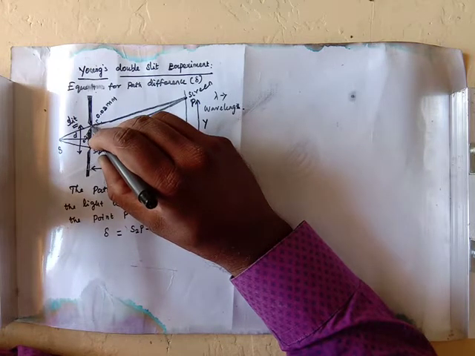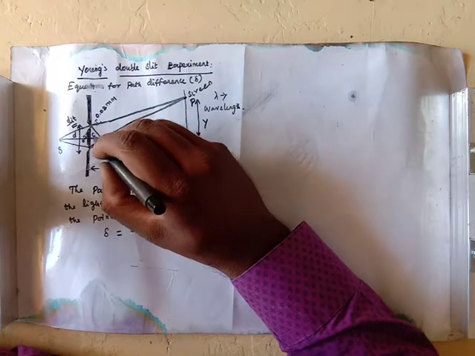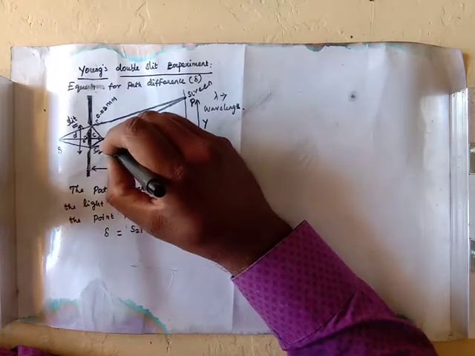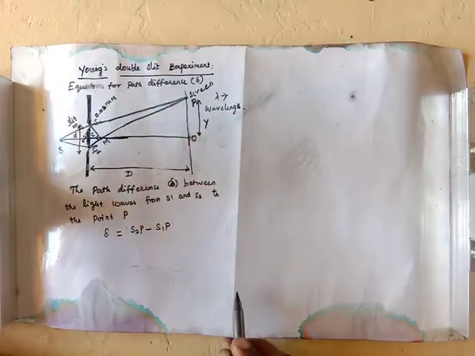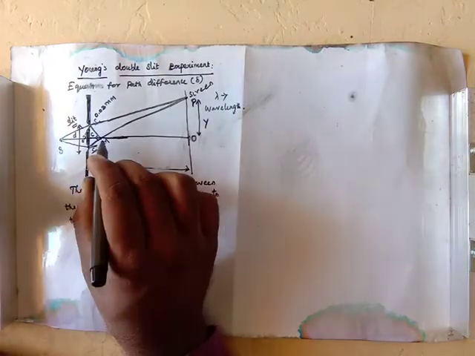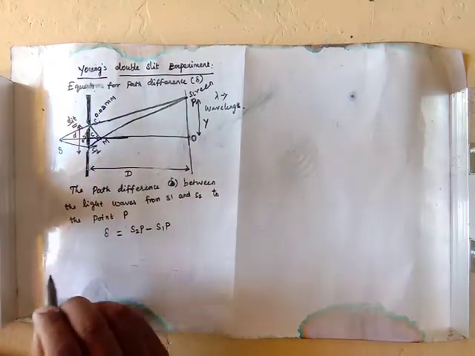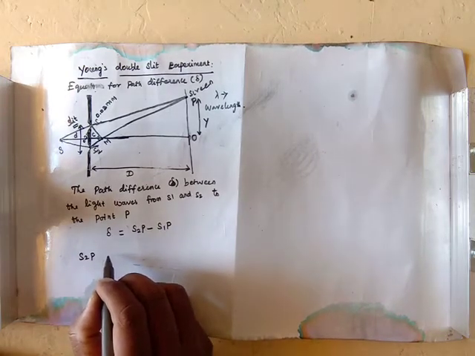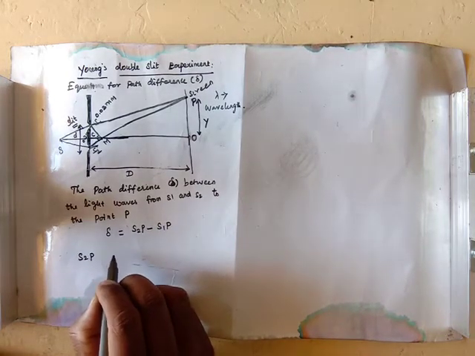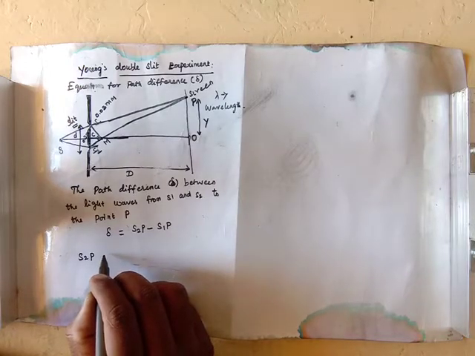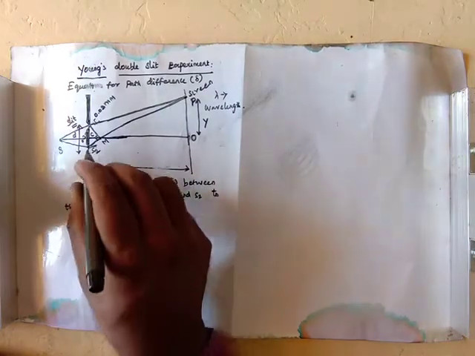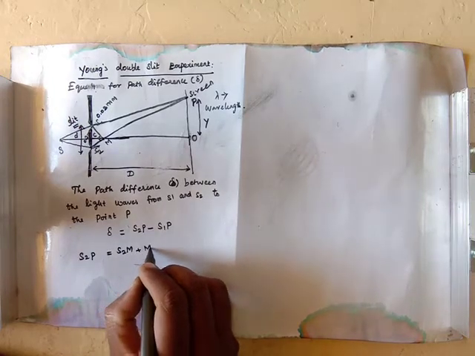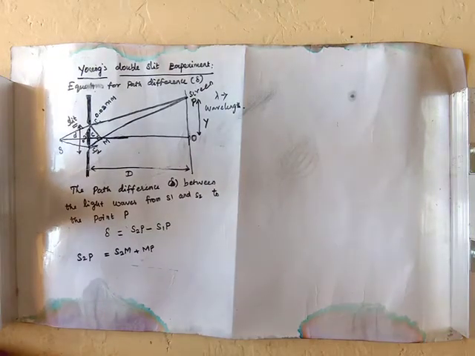It meets S2P at a point M. So from this construction we can write S2P is equal to S2M plus MP.